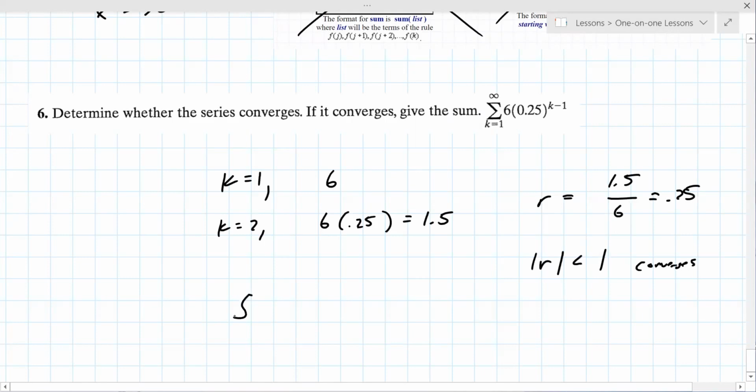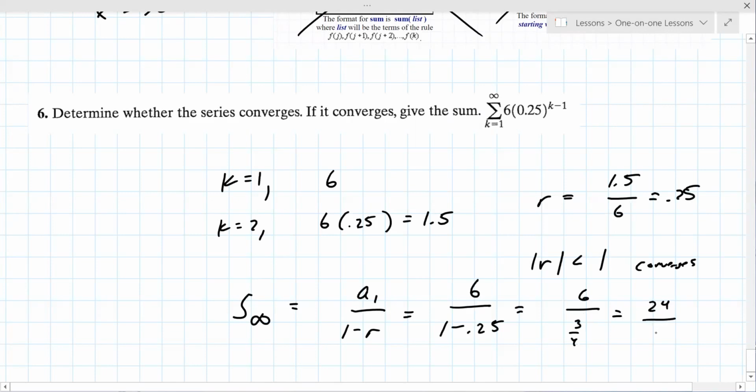And there's a formula for it. The infinite sum of a geometric series is a1 over 1 minus r. So it's 6 over 1 minus 0.25, which ends up being 6 over 3/4, which is 24 over 3, which is 8.